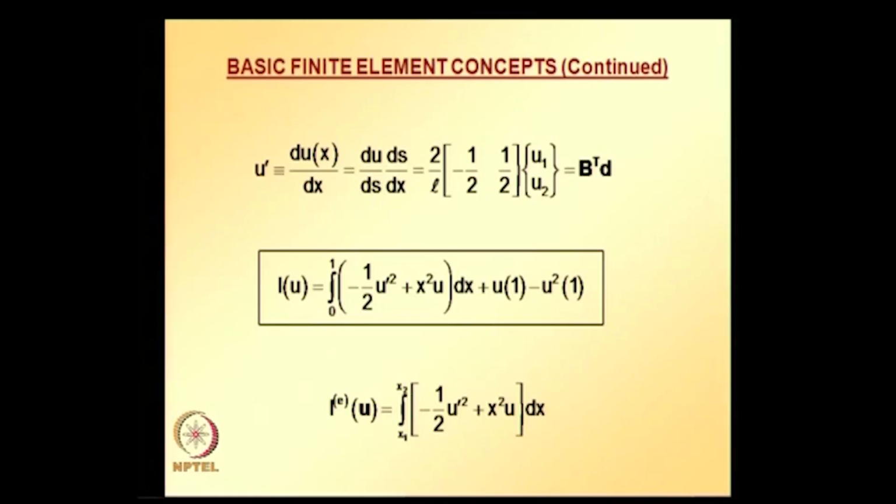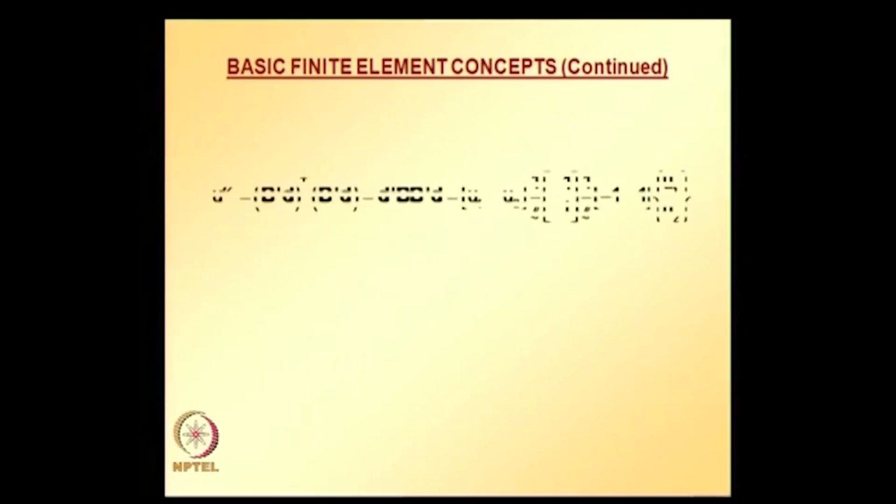U prime square, I will write as u prime transpose u prime, whereas u prime transpose is B transpose D. So that is what is written here.